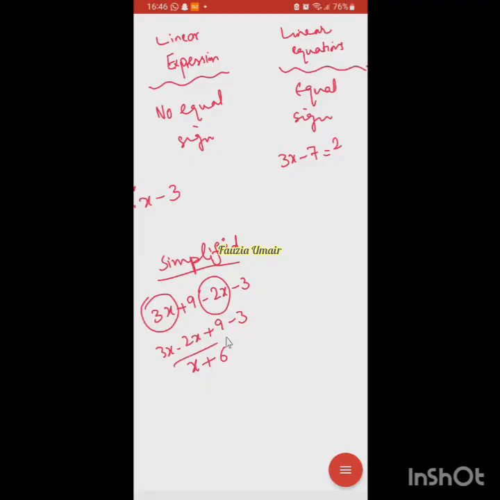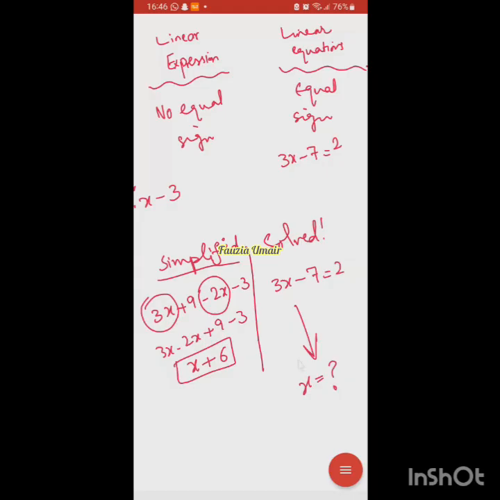So this is your simplified answer, but x is still there in the expression. Now linear equations can be solved if they are in one variable. For example, if the equation is 3x minus 7 is equal to 2, we can solve this equation and find out the value of x. How to do that is what we are going to learn.